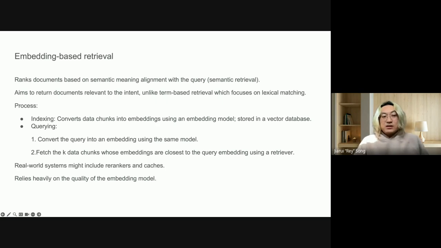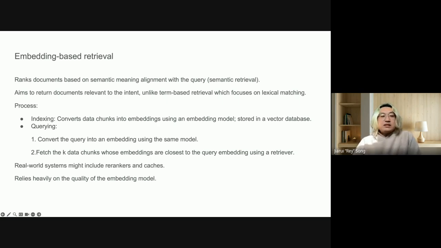There are two steps in the process. The first one is indexing, where we convert data chunks into embeddings using an embedding model, stored in a vector database. The second step is querying. We convert the query into an embedding using the same model, and then we fetch the data chunks whose embeddings are closest to the query embedding using a retriever.